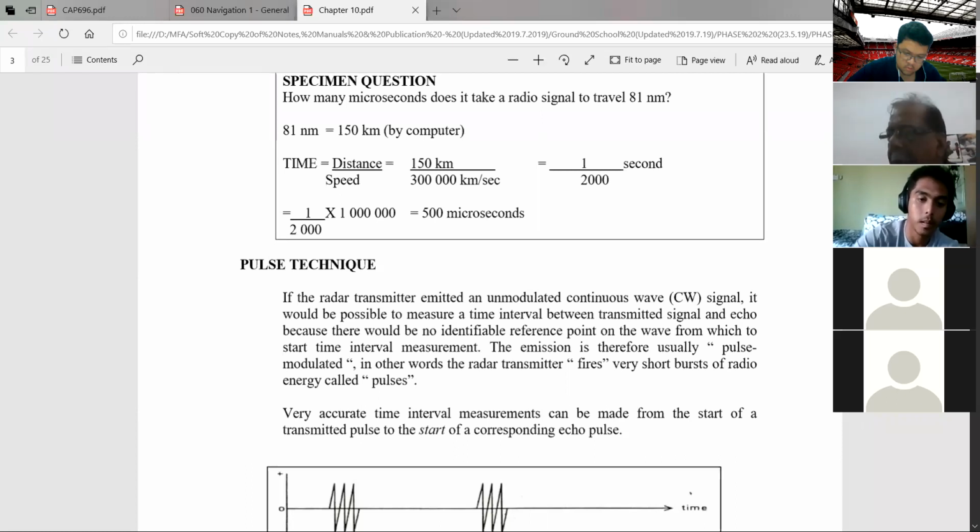Now you tell me, if I want to manufacture a radar which has a minimum range of 2 kilometers, what should be my pulse length or pulse width? I said the minimum range is defined by the pulse length and the pulse width. Unless pulse number 1, which has been transmitted, comes back, pulse number 2 will not go.